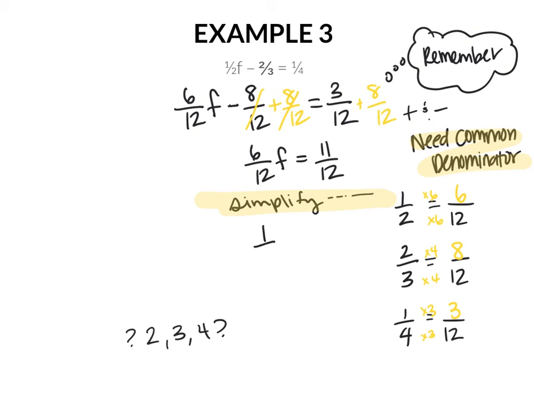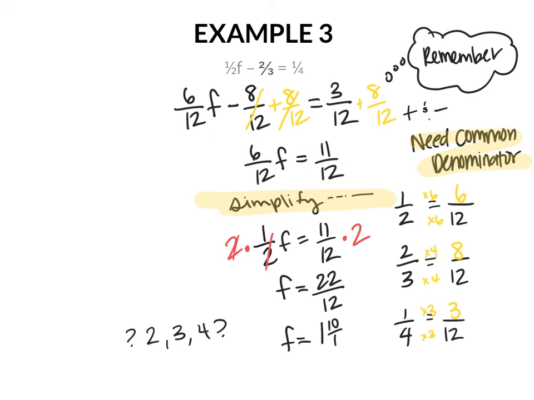I have half of f equals 11/12. And to undo a 1/2 being multiplied, I divide by half or multiply by 2 on both sides. Now my f is equal to 22/12, which simplifies to 1 and 10/12, or 1 and 5/6.